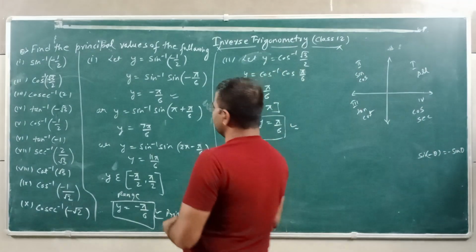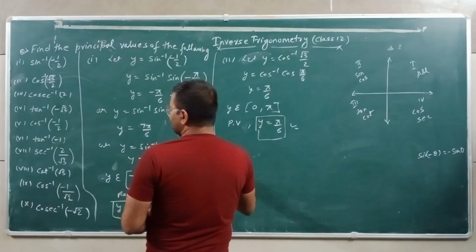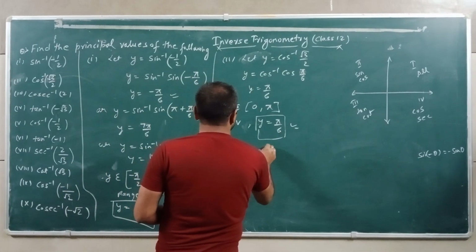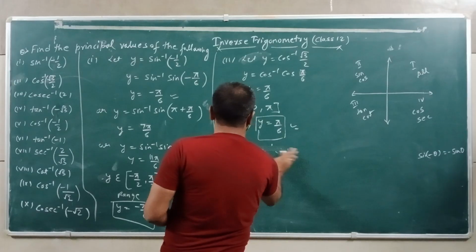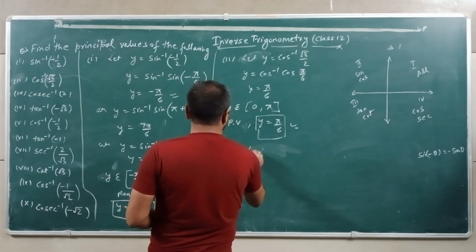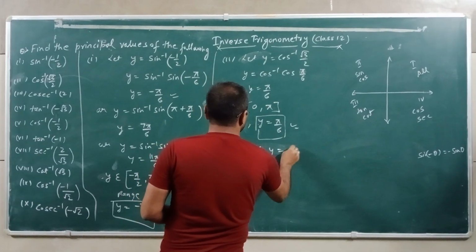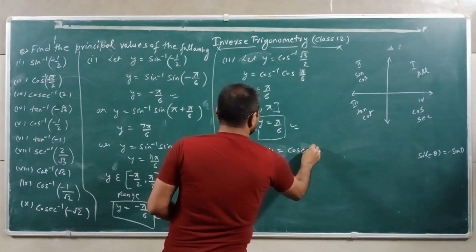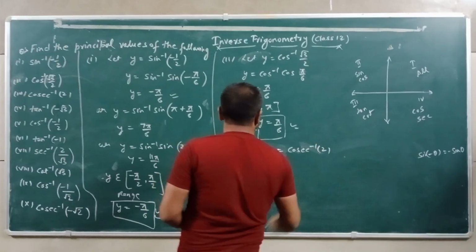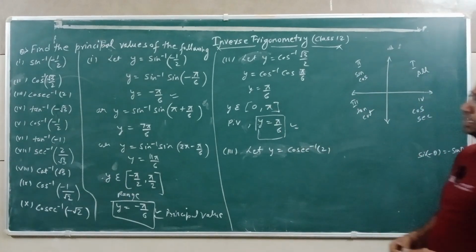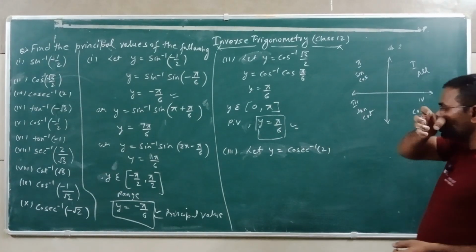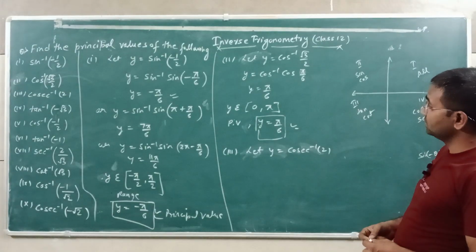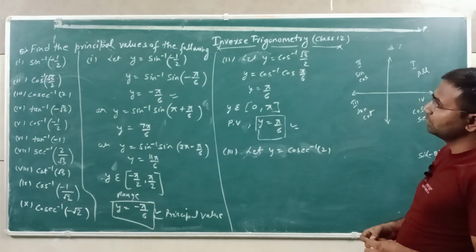Now let us see the third one. The third one is cosec inverse 2. So we will take let y is equal to cosec inverse 2. As you know, cosec is the inverse of sine, and at sine 30 you will get the value 1 upon 2.